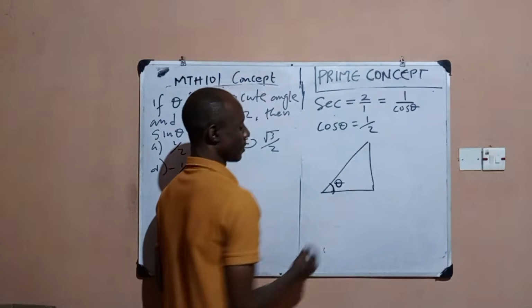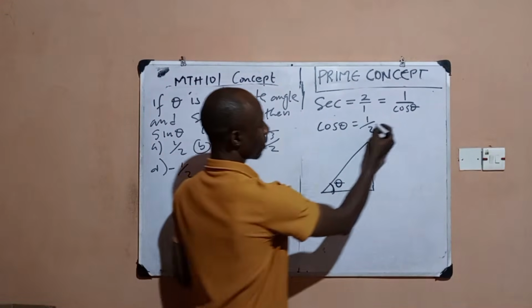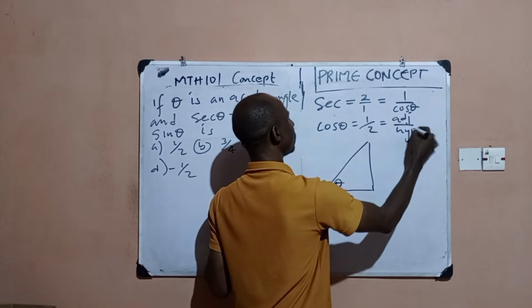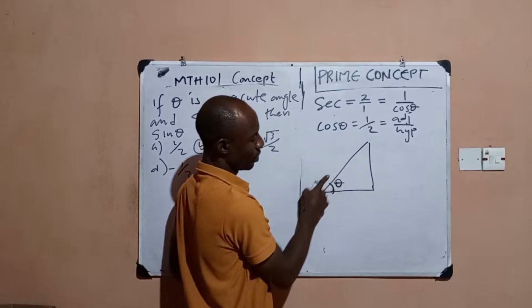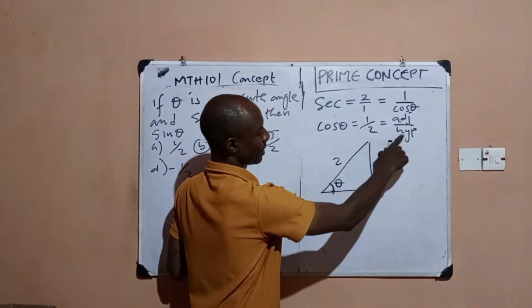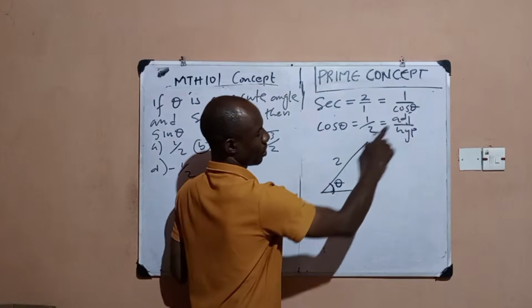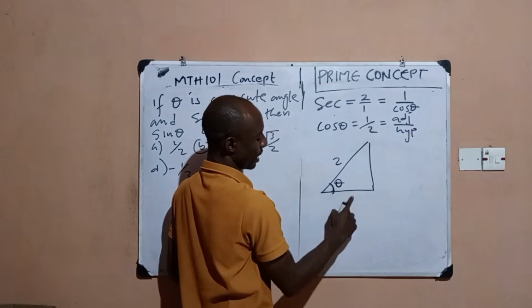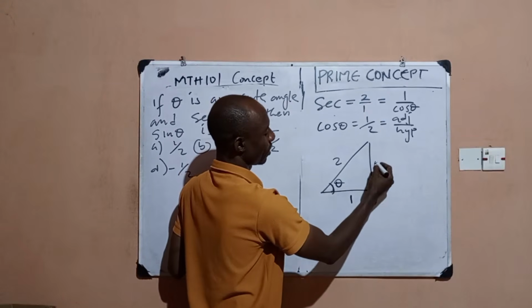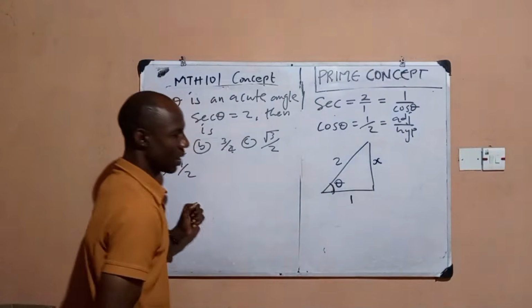Call here theta. Now remember, what is cos? Cos is adjacent over hypotenuse. So I hope you know this is the hypotenuse, which is 2. What is adjacent? Hypotenuse is 2, adjacent is 1. So here is adjacent 1. Here is opposite. We need to find it. We're going to call it x. So how do we find x?